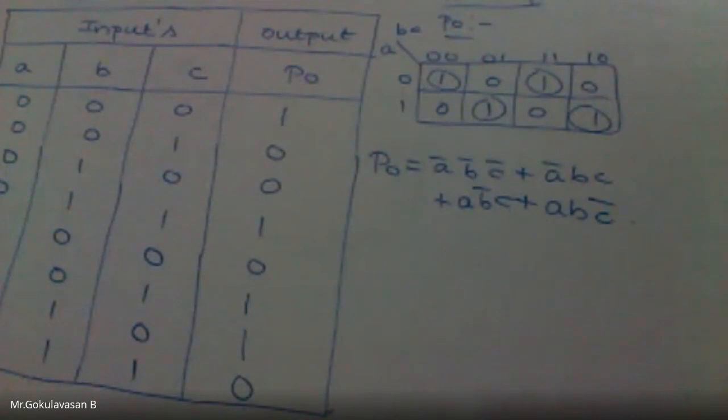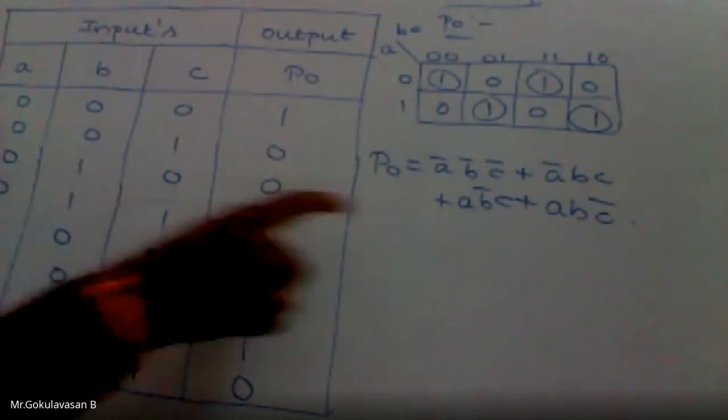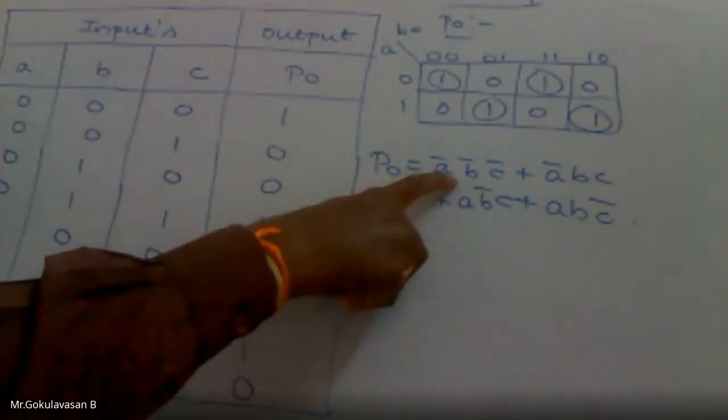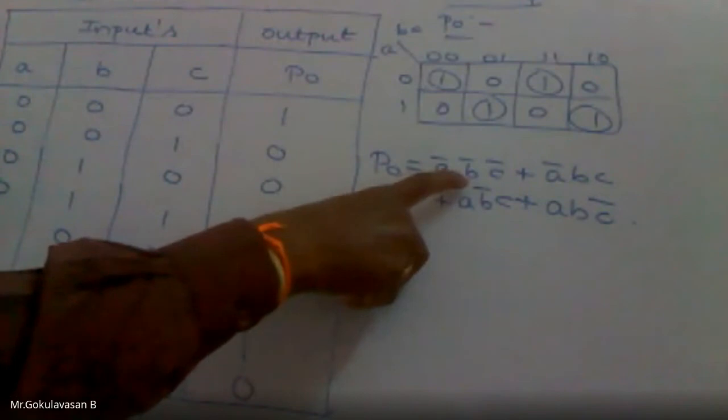Okay, with this expression, what can we do is the next question. You can even implement the same expression as such in Logisim. But the number of gates required is large, because here we need one AND gate, A bar into B bar, one AND gate, B into C, another AND gate.